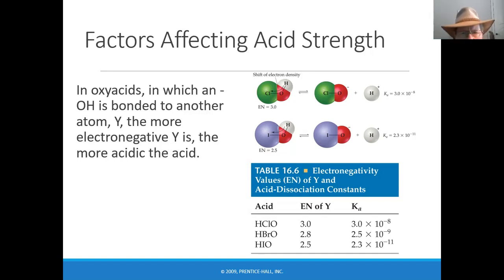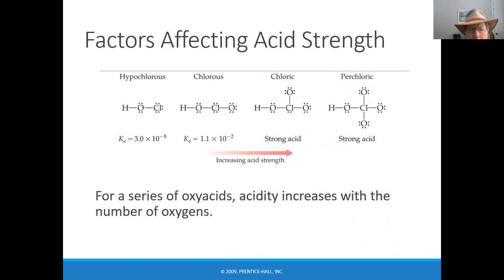All right, Ethan? If I put more oxygens on an atom linked to the hydrogen, understand the hydrogen that gets released is the one that's linked to the oxygen.